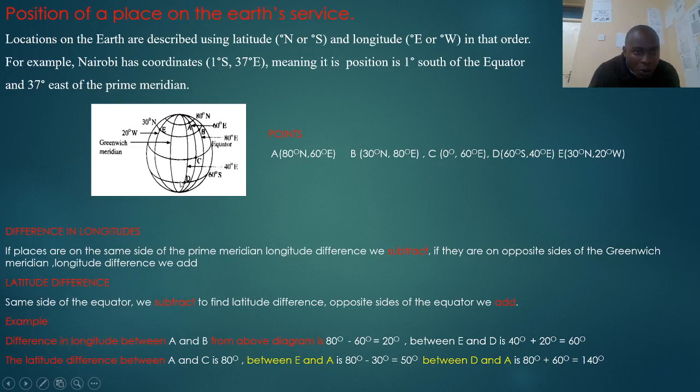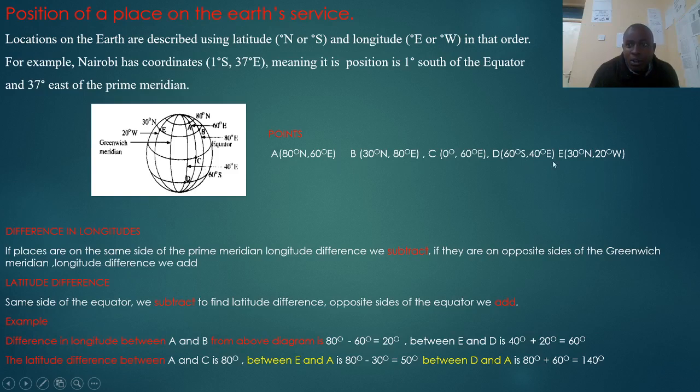Now point D. You start with this latitude. The latitude of D is 60 degrees south, followed by the longitude named here, which is 40 degrees east. So it is 60 degrees south, 40 degrees east.